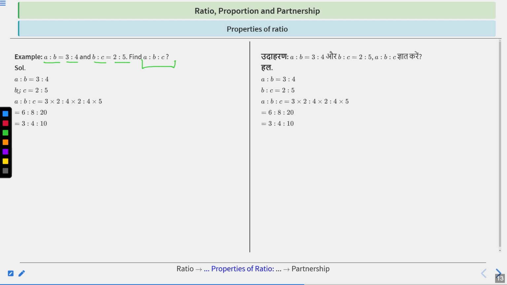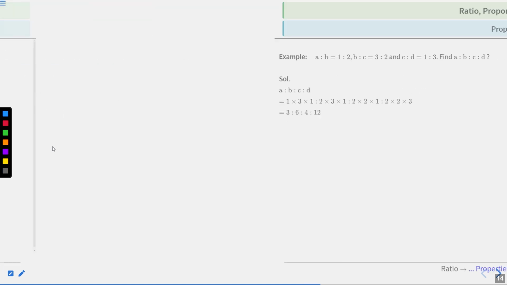First we equate the B. So 3:4 and 2:5 become 6:8 and 8:20, which gives 6:8:20. But in ratio, we always remember that the ratio will be in simplified form. So we divide all three numbers by their greatest common divisor, which is 2. So we get 3:4:10. So A ratio B ratio C will be 3:4:10.